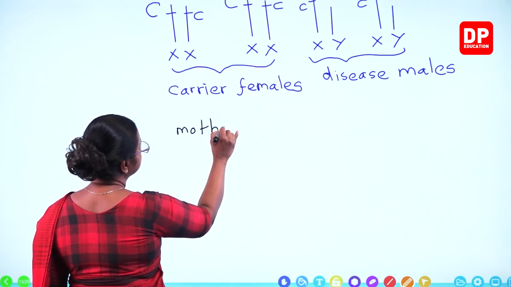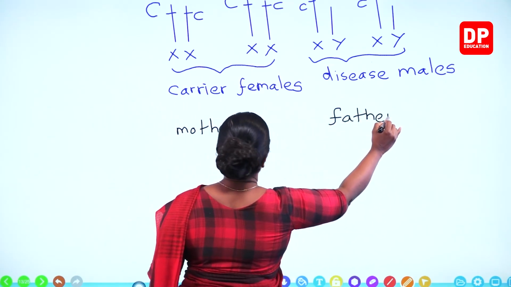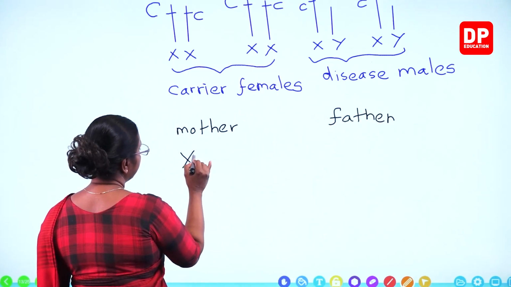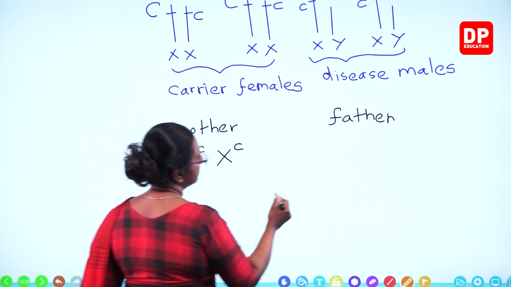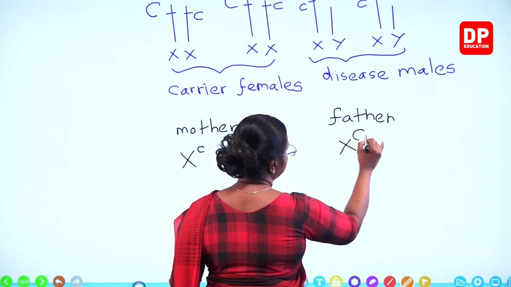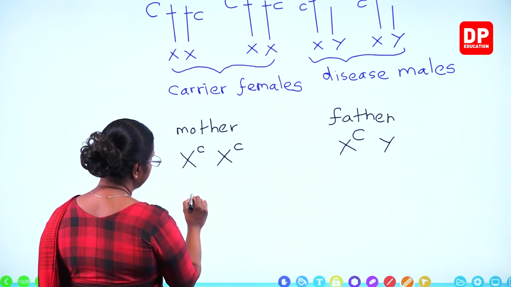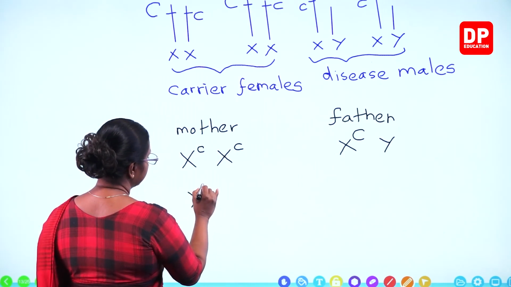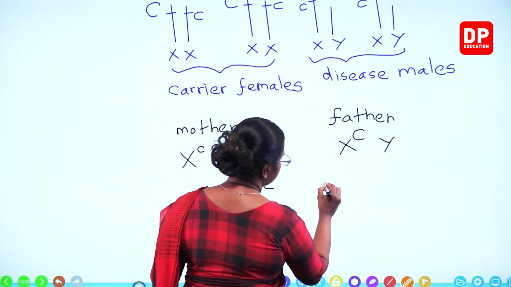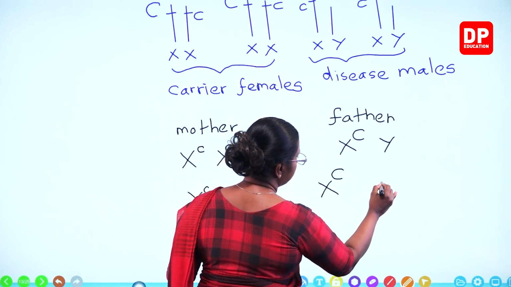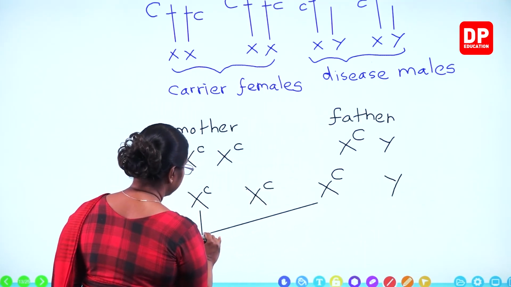Mother, father, you can say X, simple C, X, simple C, here X, capital C, and Y. So from there you get the genes X, simple C, X, simple C, X, capital C, and Y when they combine.